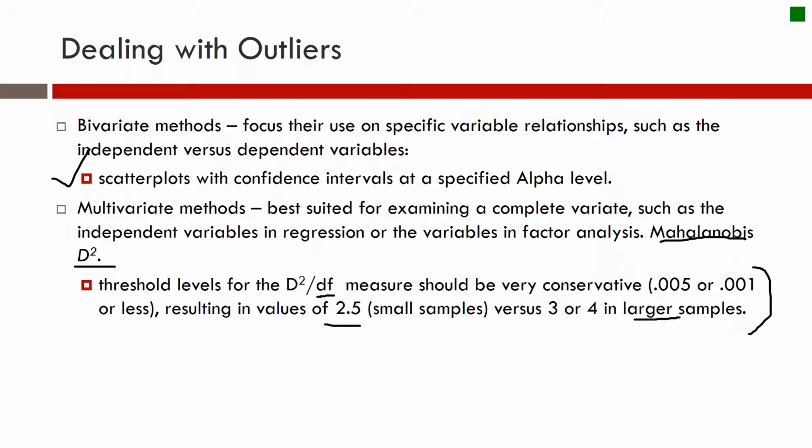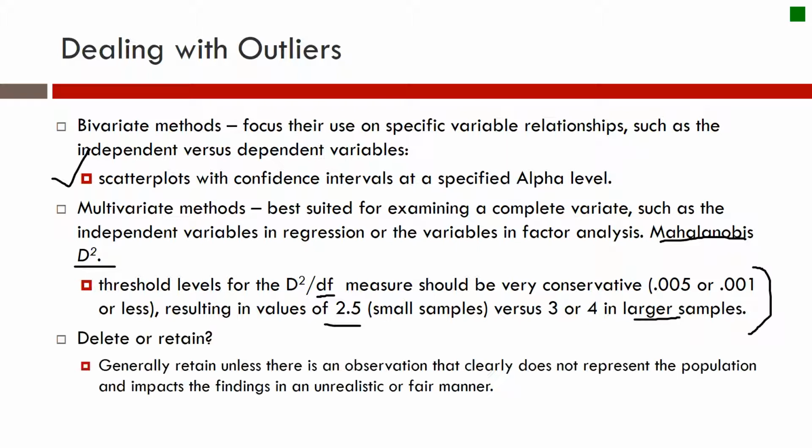So we'll look at those a little bit more closely in some other lectures, in terms of describing these and walking through, again, the process of looking for these. At the end of the day, however, you need to decide whether you're going to delete variables or delete responses because they're outliers or not.